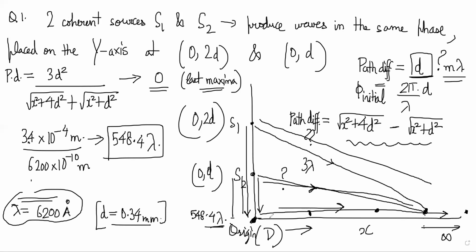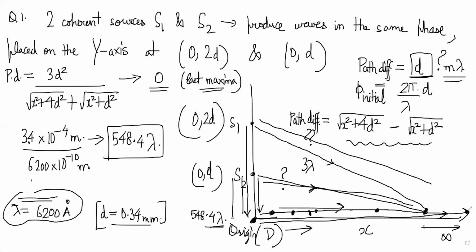So somewhere down the line, you notice that path differences are decreasing as you go this side, right? You would have a 548 lambda somewhere here. So that would be your maxima. And then after that, you would have a 547, 546, and so on, till finally you go to the zero lambda position.